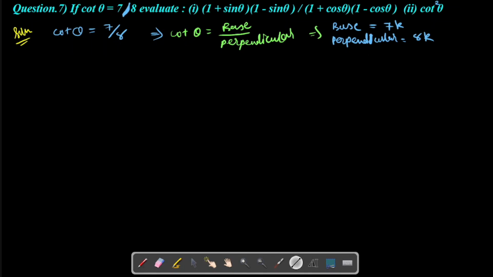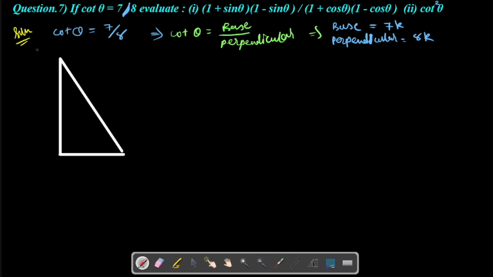As I said, we have to draw a triangle for each and every question in this exercise because it is a must here. In the introduction or in application also, you must draw the triangle, okay, to understand the question properly. And if the diagram is correct, then you will definitely do the question if you practiced it.